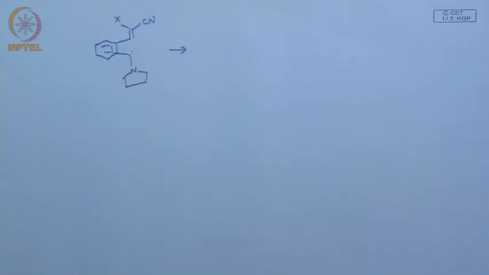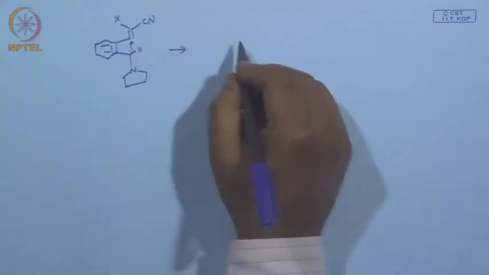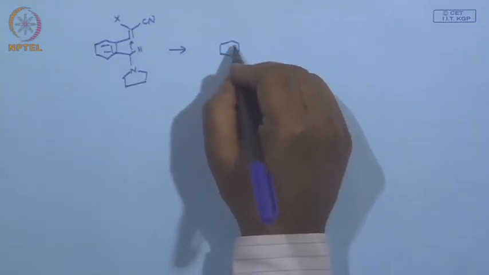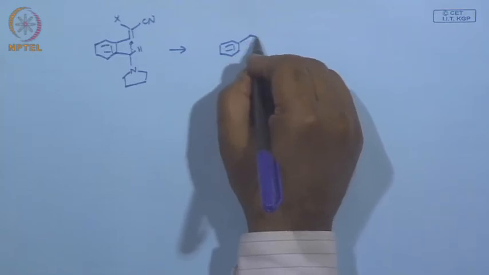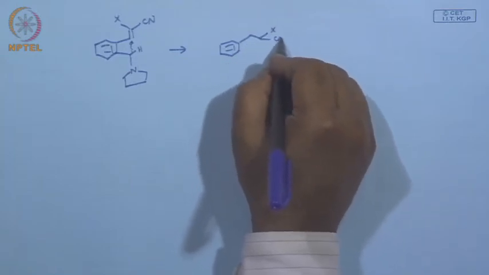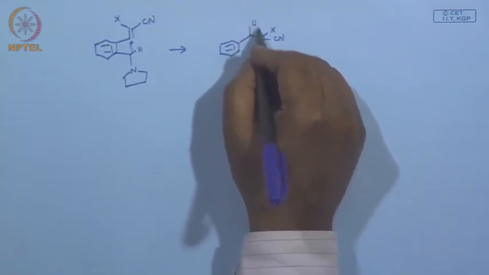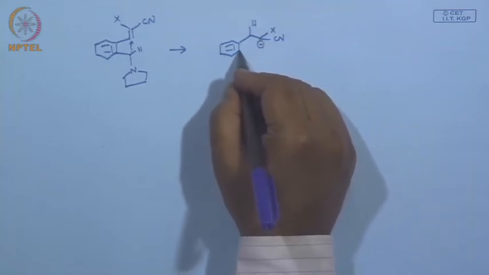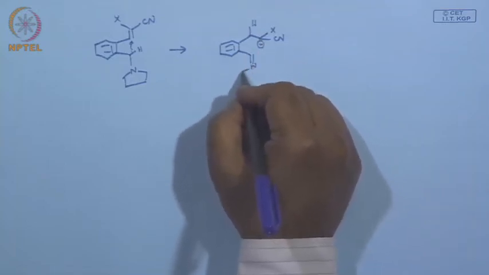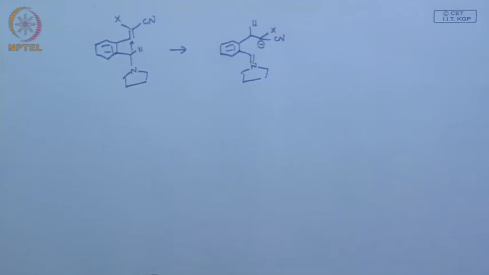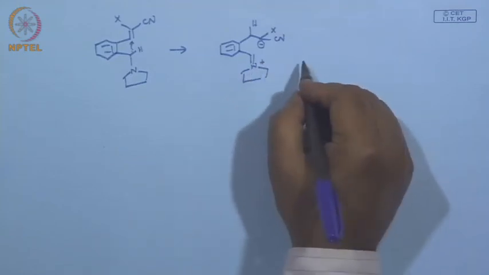And what do you expect? Without going through the sigmatropic shift, one would expect that hydride would be shifted to this, right. So if that is so, then we have this X and this CN, and hydride is attached to this nitrogen here, and this iminium ion, right.